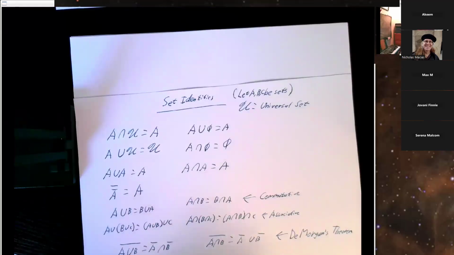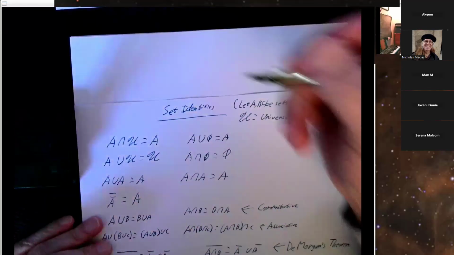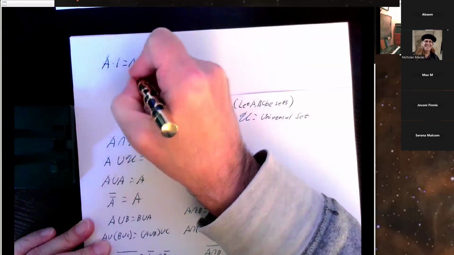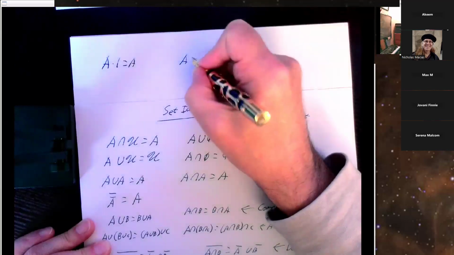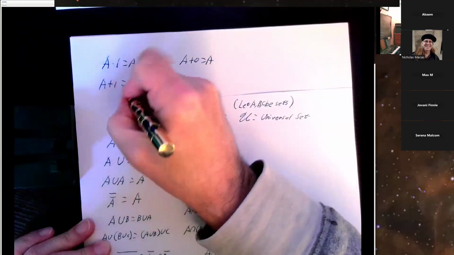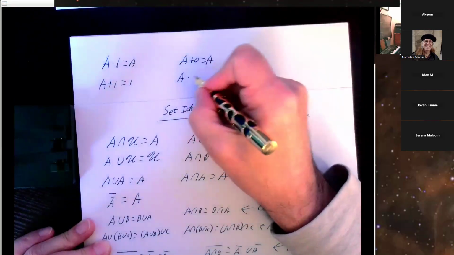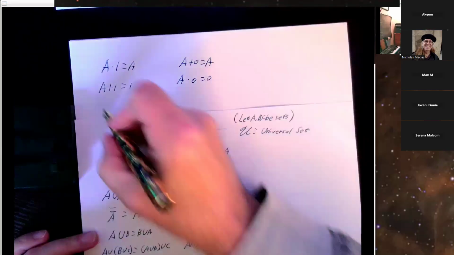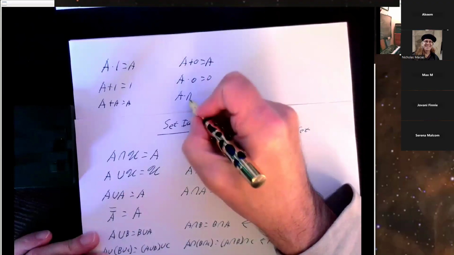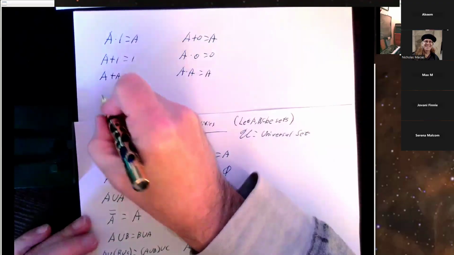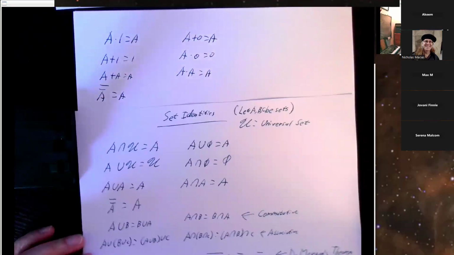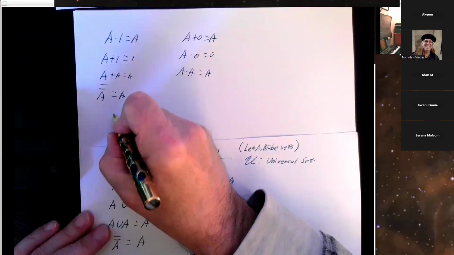And if you think about Boolean algebra from Engineering 250, we had things like A and 1 equals A, A or 0 equals A, A or 1 equals 1, A and 0 equals 0, A or A equals A and A equals A. The double negation still works, not A is A. And De Morgan's theorem looked like this.